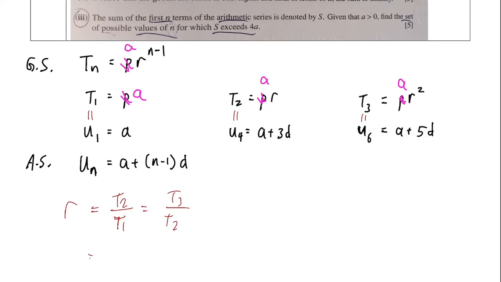Then T2 over T1, what is that equal to? It's just A plus 3D divided by T1, which is A, equals T3, which is A plus 5D, divided by A plus 3D. Is that right?